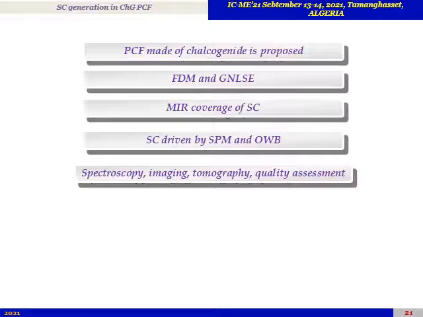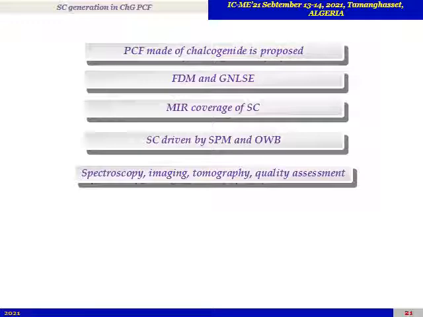So as a conclusion, we have proposed a PCF made of chalcogenide. We have used the finite difference method to calculate the fundamental mode optical properties. We have also used the generalized nonlinear Schrödinger equation to model the pulse propagation inside the PCF core. We have obtained a mid-infrared supercontinuum that covers a wide spectral region.